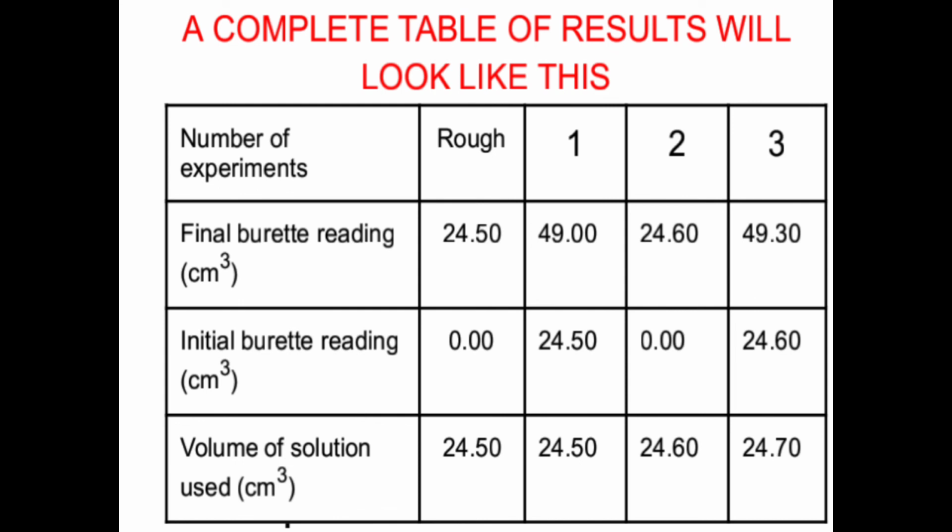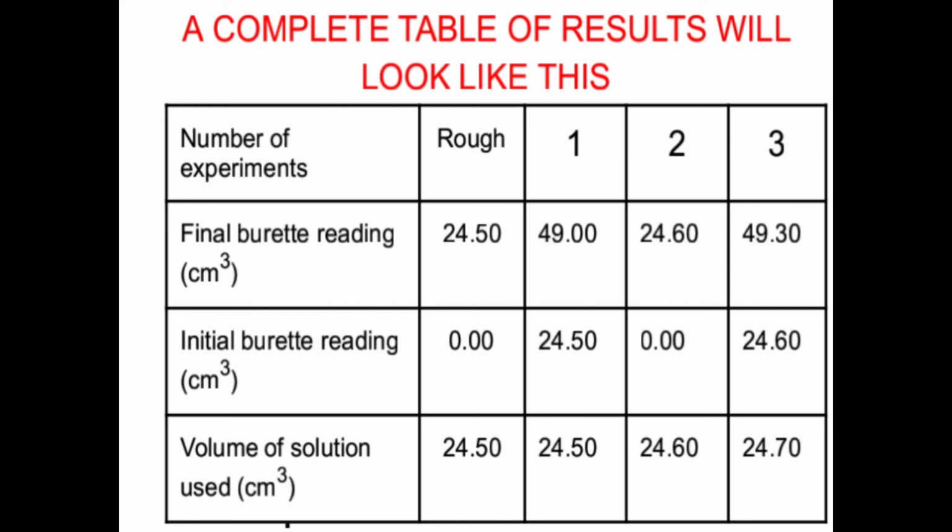So 24.6 is also consistent. When you move on to 24.70, that value is also consistent. It has a difference from the first ones of 0.2 only. So which means such values are consistent. So also when you're carrying out your experiments or your practical, make sure your results are consistent. They should not go beyond 0.2. So if you have done that, you'll get marks.